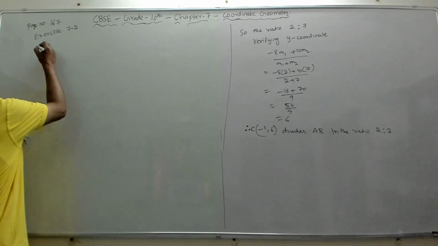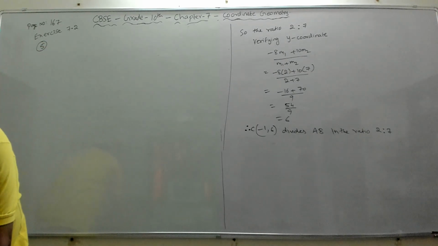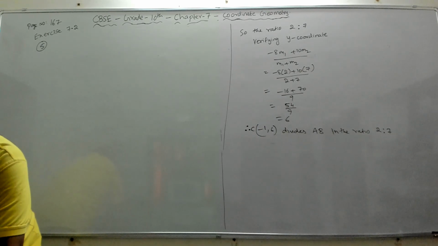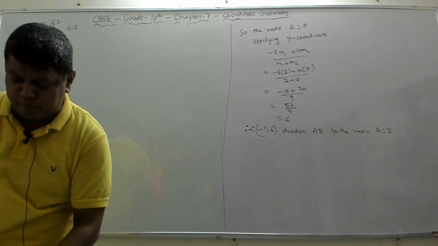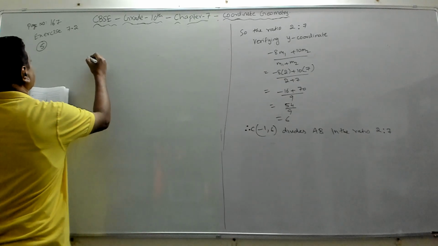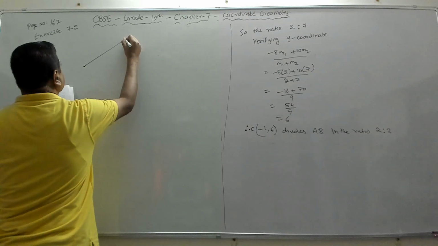The next one is the fifth question. The fifth question says, find the ratio in which the line segment joining the points A of 1 comma minus 5 and B of minus 4 comma 5 is divided by the x-axis. Also find the coordinates of the point of division. So suppose there is a line segment like this, right?